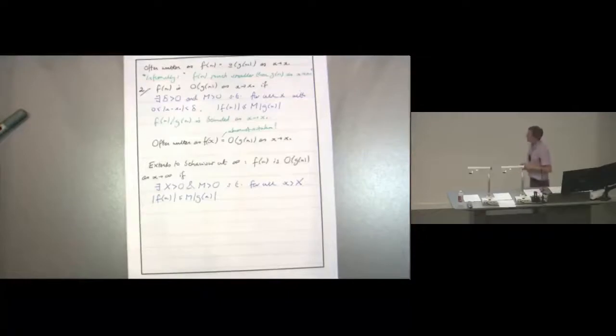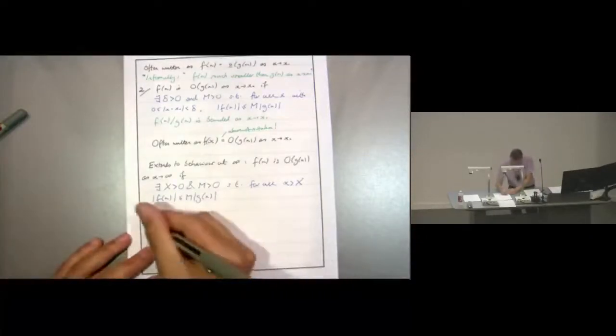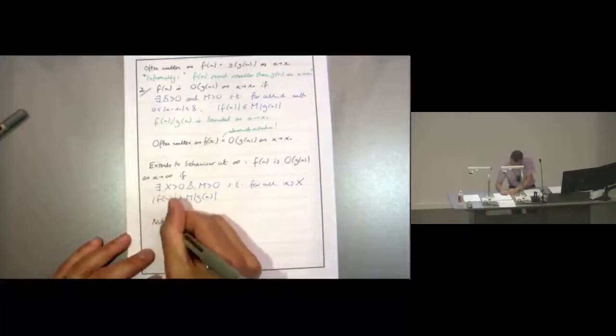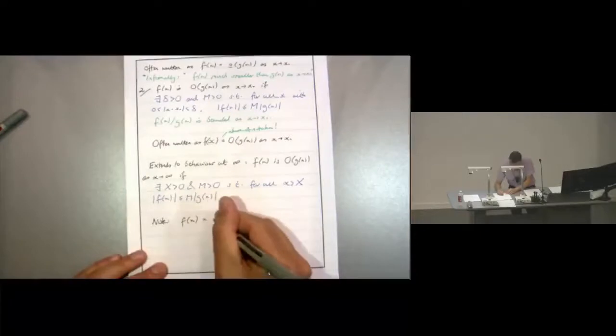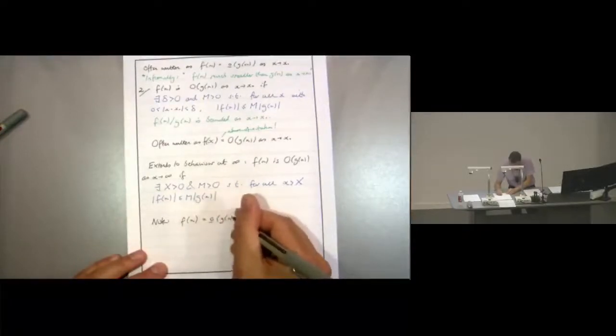Okay, let's just note a few properties of these notations. So first of all, if we have f of x being little o g of x, then that says that, let's say this is at the point x0, as I approach x0, f of x is much smaller than g of x informally.